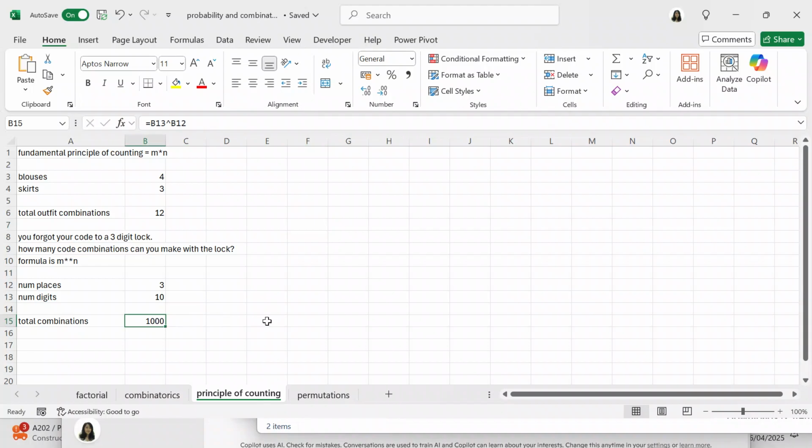So basically you have 1,000 different combinations you can make on your 3-digit lock. So if you happen to forget your combination, it's going to be a little bit difficult to find the correct combination, because you've got to go through 1,000 combinations.